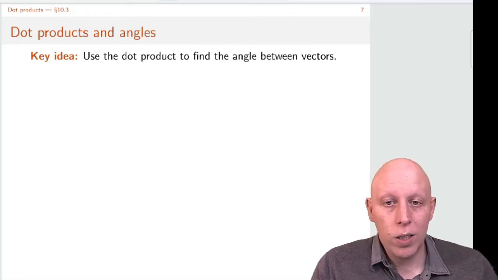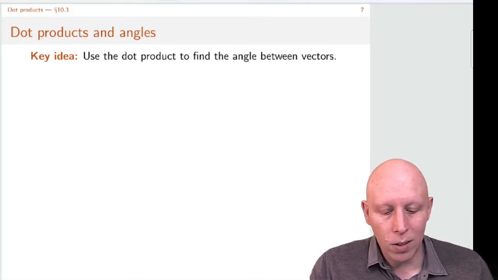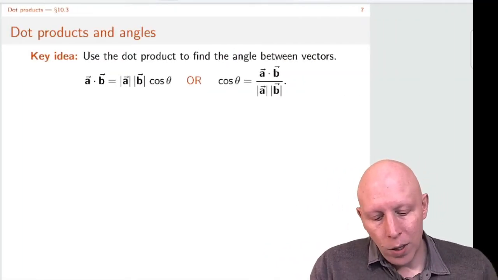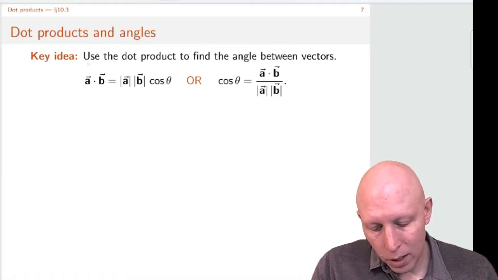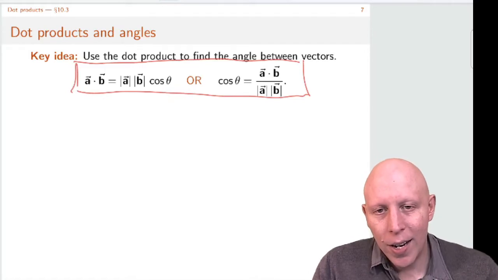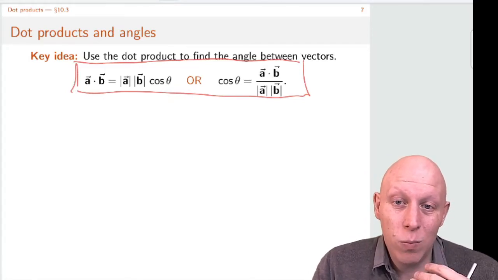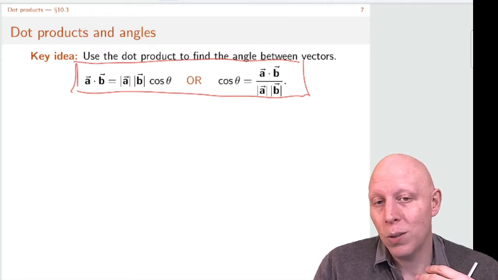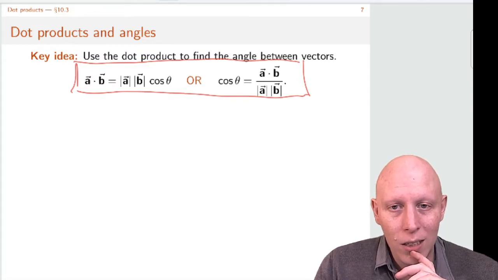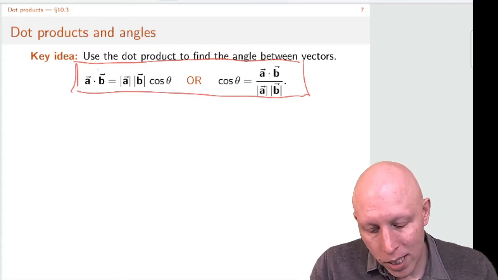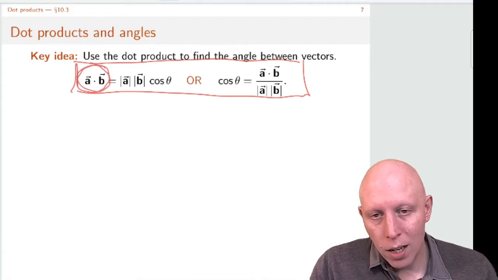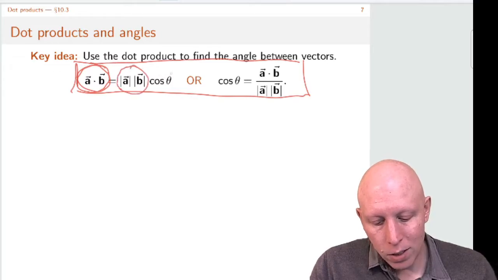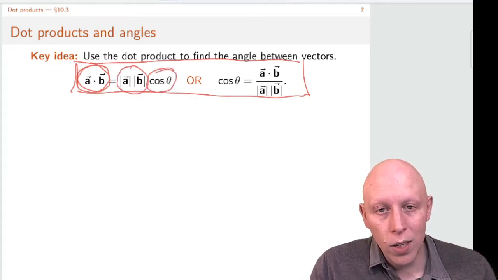So let's talk about a method here for finding the angle between vectors using the dot product. So here's some formulas. And in this class, it's going to be important not just to memorize formulas, but also to remember why the formulas are correct. What we're going to see is that the dot product of two vectors is related to the length of the vectors times the cosine of the angle between them.